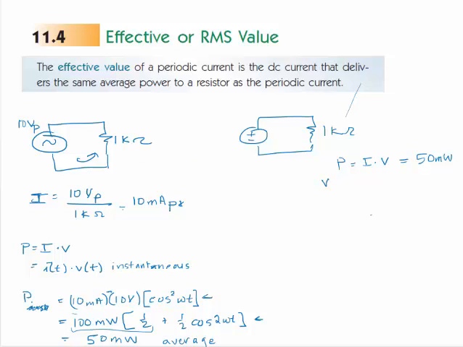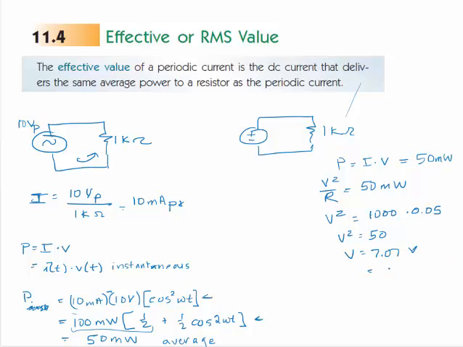So power also equals V squared over R, equals 50 milliwatts, and R is 1K ohm, so V squared is 1000 ohms times 0.05 watts. So V squared equals 50, V equals 7.07 volts.